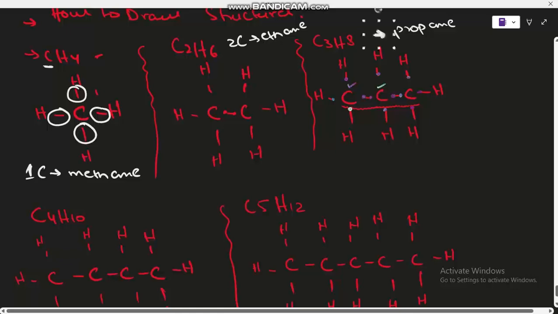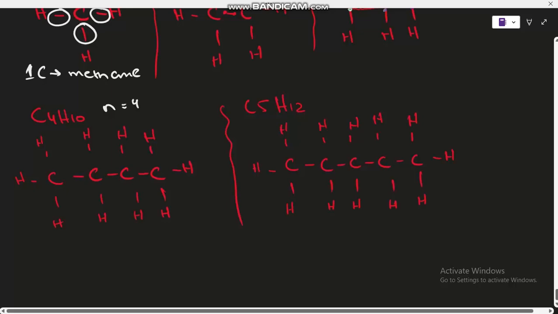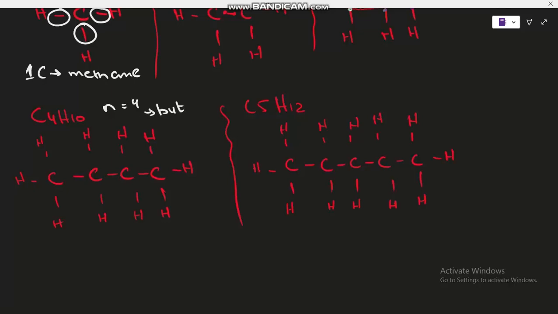Similarly, let's go down to these ones. Now, the number of carbon atoms is 4. This means that this is going to be but, and we have all single bonds, so this is the homologous series of alkanes, which means that this is butane.